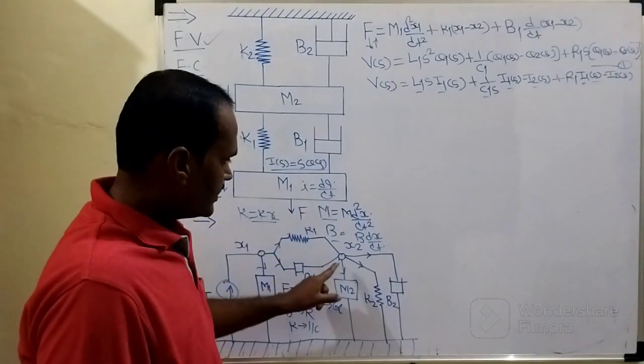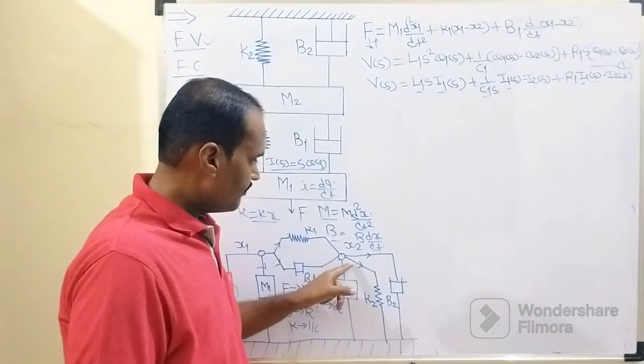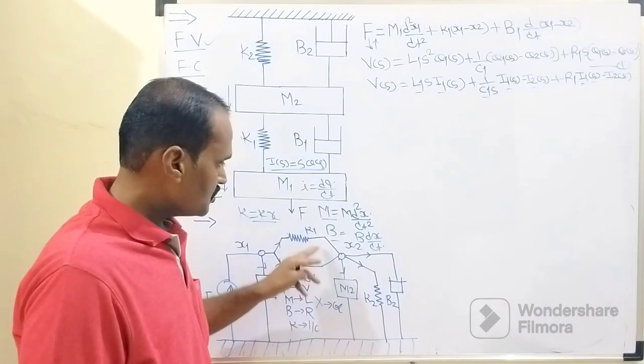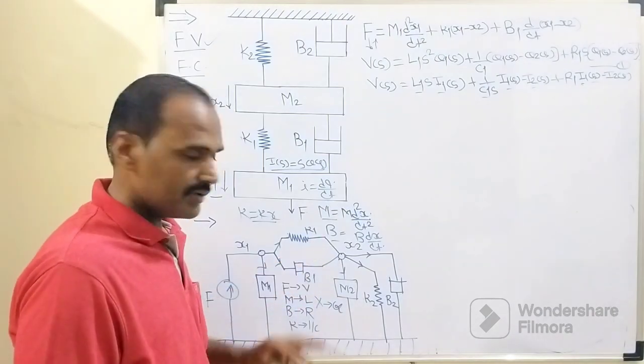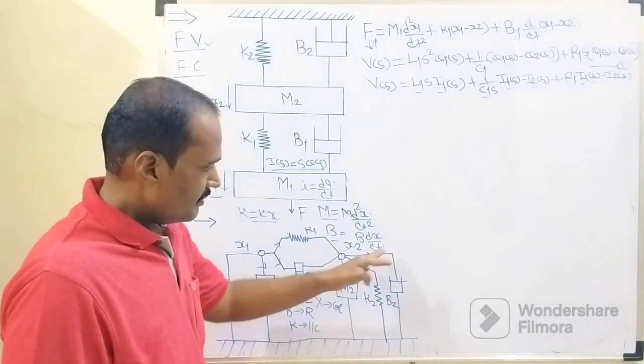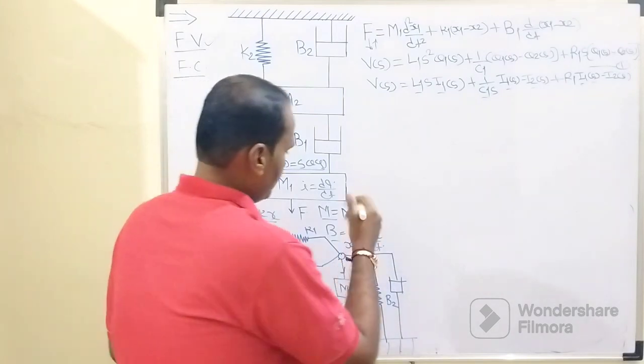Then, in the same manner, we need to observe that at node number 2 there are 1, 2, 3, 4 and 5 branches. Out of these 5 branches, the forces belonging to the 2 branches in which K1 and B1 are connected are incoming towards that node, and the remaining forces are outgoing from that node. In the same manner we need to write this KVL equation.